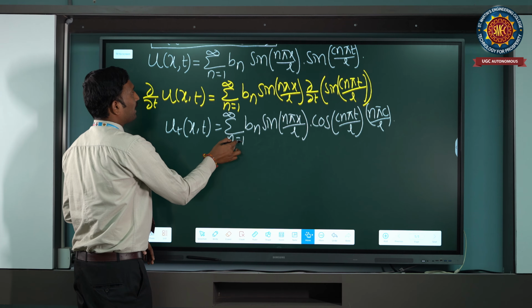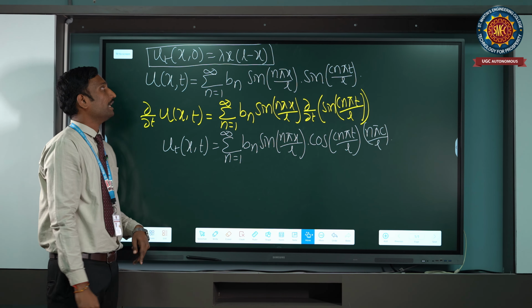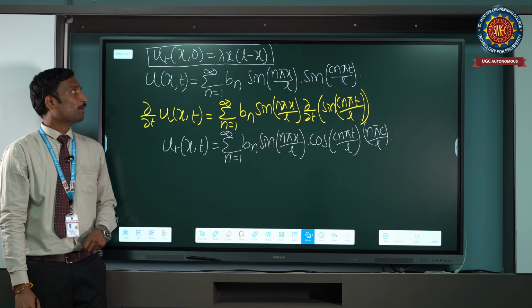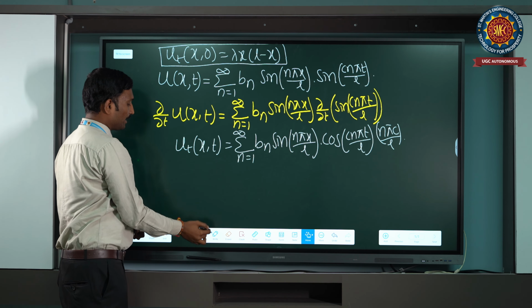Now what we have to apply here, the condition is given as u of x comma 0 is equal to lambda x into (L minus x). Now apply 0 in place of t in the equation.